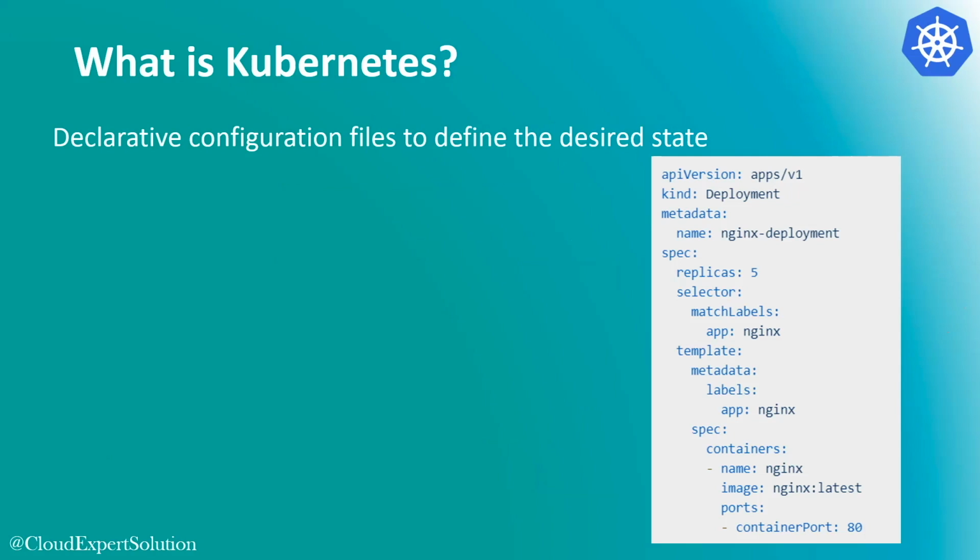That means we will specify our desired state. Users describe how they want their application to be configured, and we can use a YAML or JSON file. Kubernetes will ensure that the actual state of the application matches the desired state that we are specifying in the configuration file.